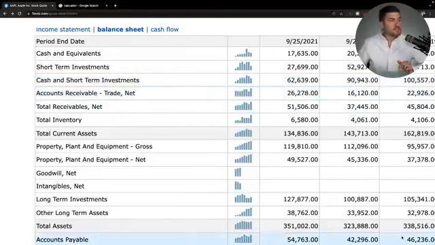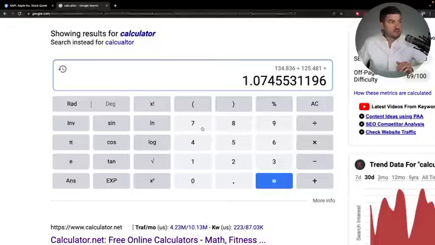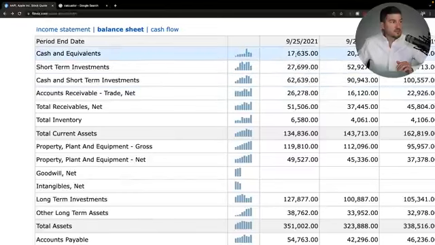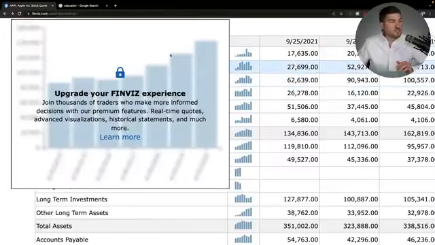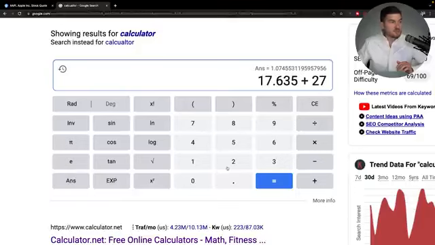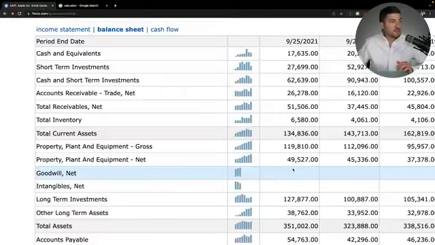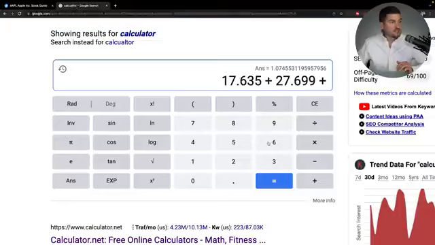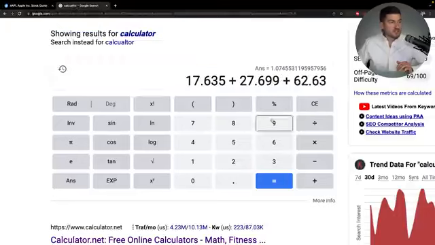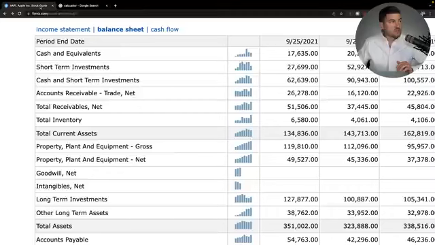So let's take a look at this, and we'll actually add all this up. This may be a little bit of a pain, so we have to go back and forward, but let's do it. So we're going to take 17.635 plus, that's just this number right here, short-term investments, 27.699, plus cash and short-term investments, 62.639, plus we're going to do accounts receivable.